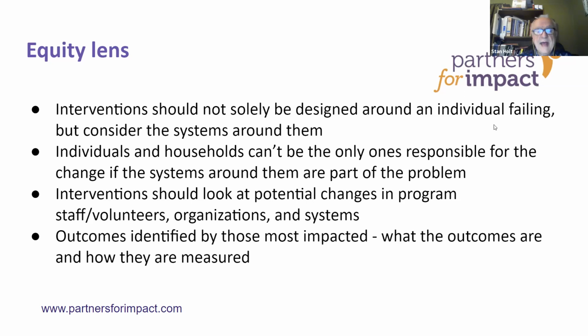The second bullet is the next extension of that: by not looking at the system, we inevitably hold the individual and the household completely responsible for change. And therein lies some of the inequity that we see when we start thinking about these issues.